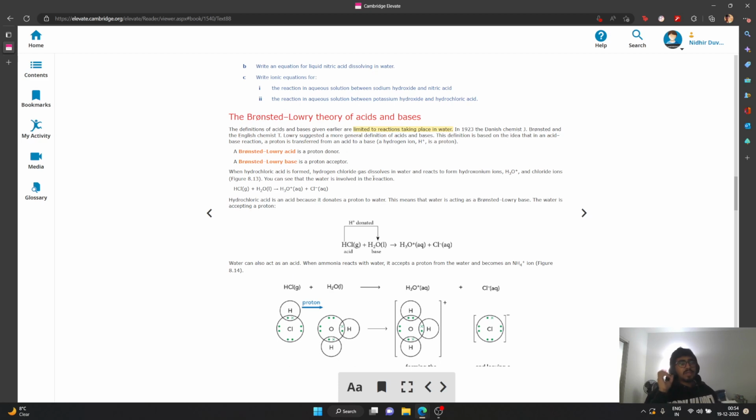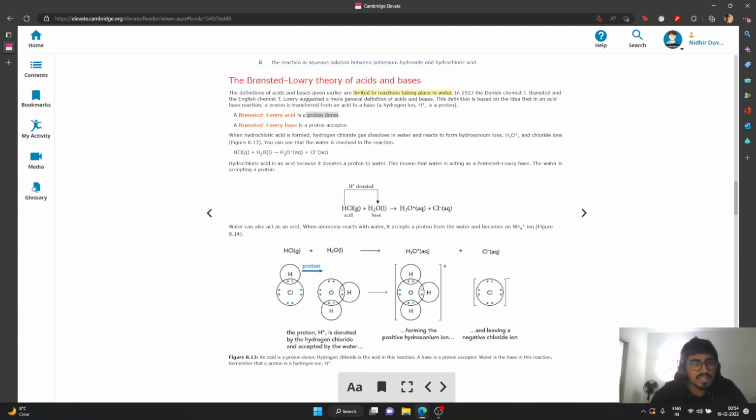It says that whatever gives H plus is an acid, which is the same as what we had already discussed. H plus is a proton, so a proton donor is an acid. But the base end is different. It does not say it is an OH minus donor, but that whatever is an H plus acceptor is a base.